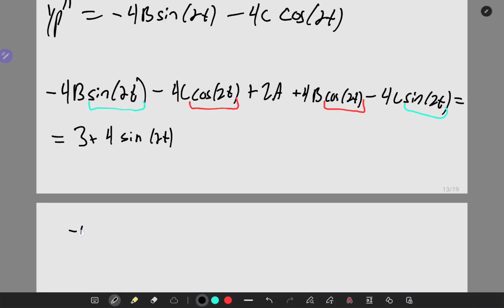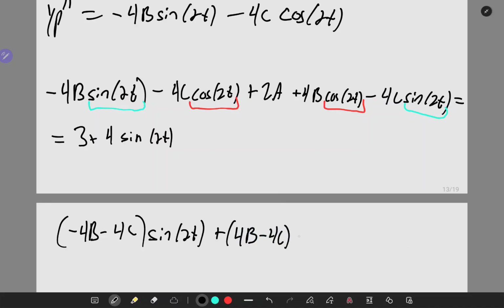So we have minus 4b minus 4c times sine of 2t plus 4b minus 4c cosine of 2t is equal to 3 plus 4 sine of 2t.